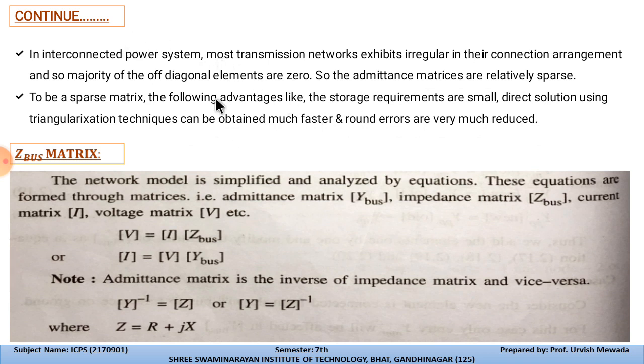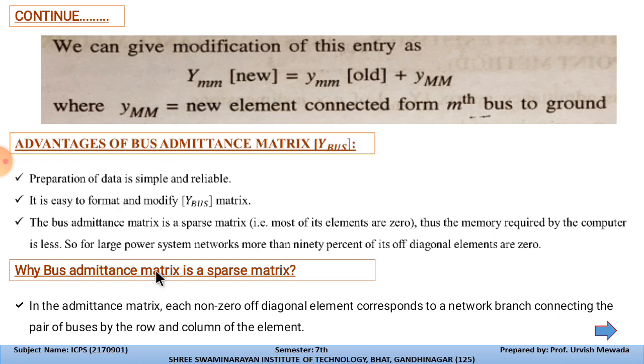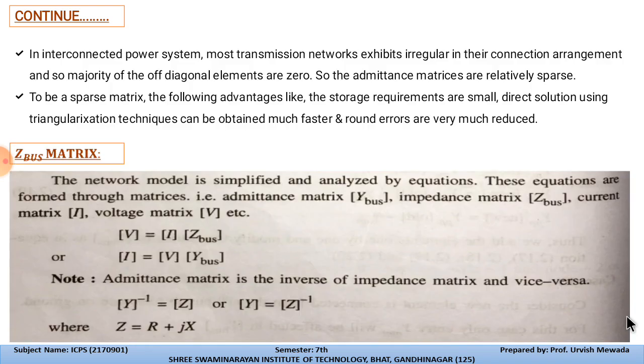So this is how we can say that the bus admittance matrix is a sparse matrix, because we already discussed that around 90% of its off-diagonal admittances, between buses which are not connected by links, are 0. That's why it is called a sparse matrix.